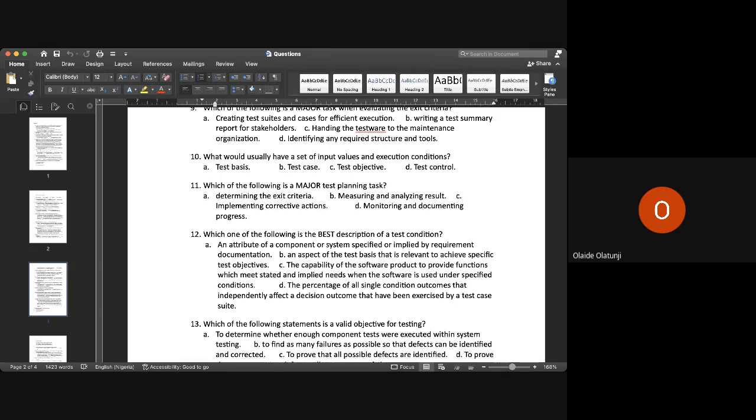Which of the following statements is a valid objective for testing? What did you pick?